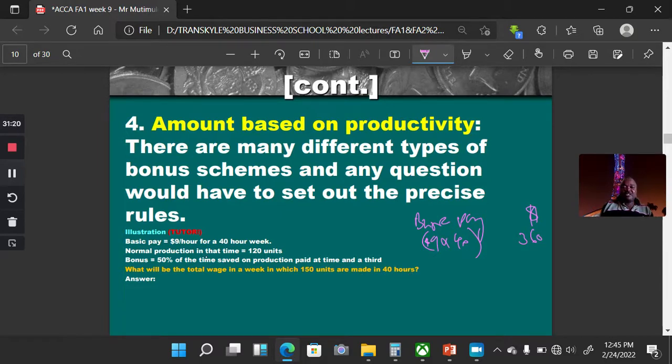Normal production in that time is equal to 120 units. So normal production is 120 units, and we know that normal production is also 40 hours. Okay, so 120 units for this normal production are produced in 40 hours.